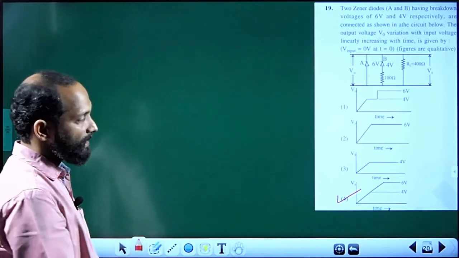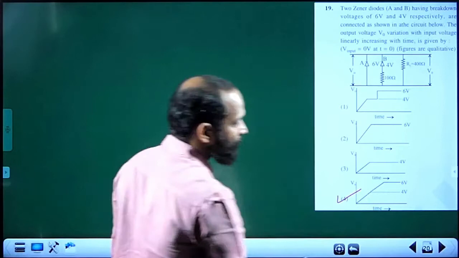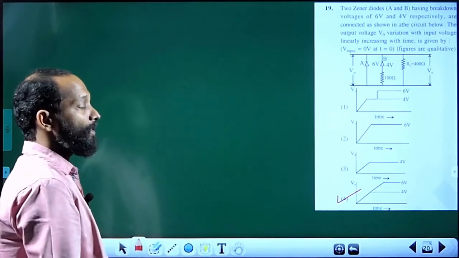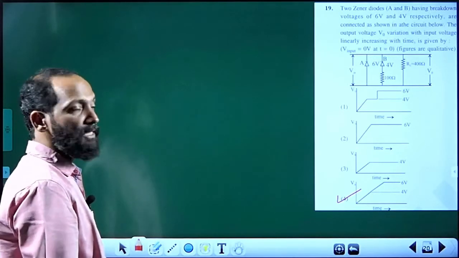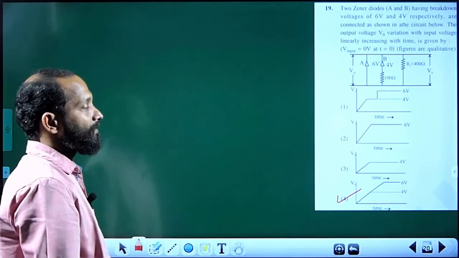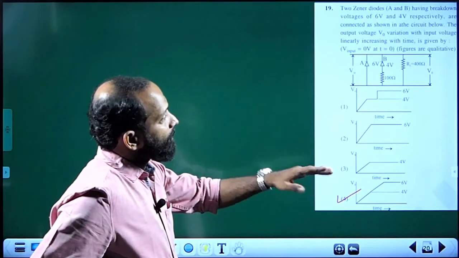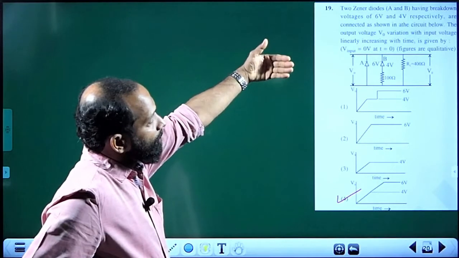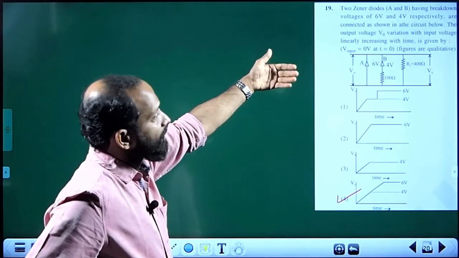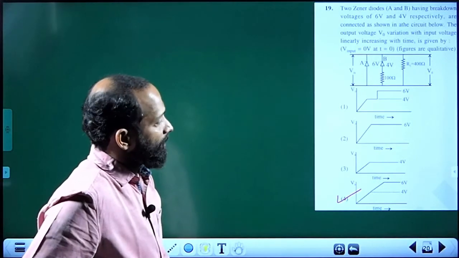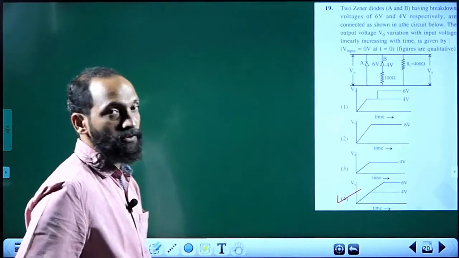And there is a slight decrease in the slope from 4 to 6, because after 4 to 6, the 4 volt diode will be inactive and the 6 volt will be active. That is why the voltage across the output is more, then the voltage across the series resistance will be lesser, which reduces the total current. As the total current reduces, the slope reduces slightly. So, the correct answer is 4.